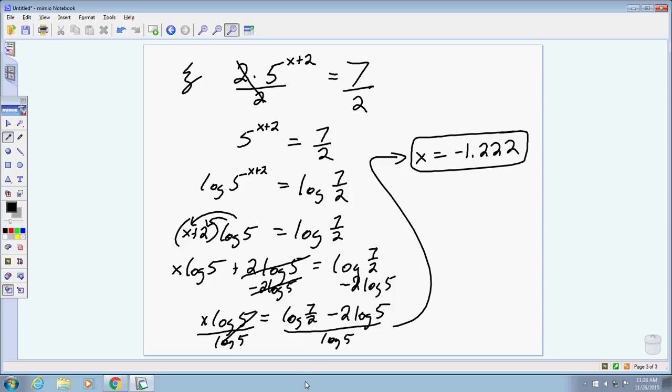You don't have to for this. There's no reason to do more work. Go ahead, try it. Go log of 7, subtract log of 2, subtract 2 times the log of 5, equals, divide by the log of 5. Okay?